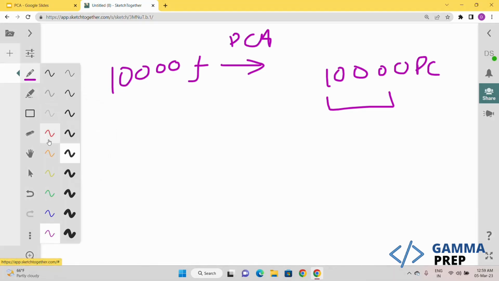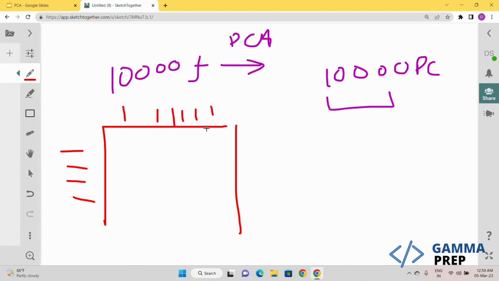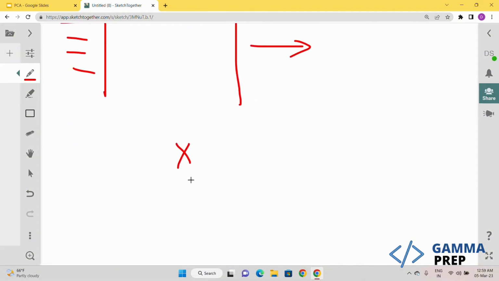And we start off with the first step. Let's say we have a very big data set which has 1 billion records and 10,000 features. The first step is standardization, that is, convert the data into standardized format, that is, do feature scaling. So what is standardization? You have your X column.